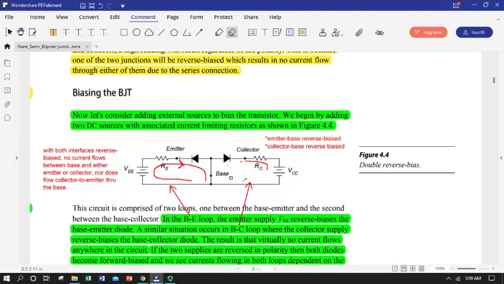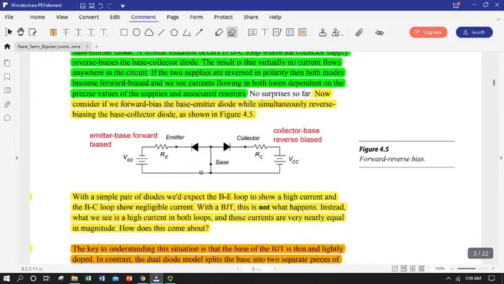Okay, so we have two possible circuit loops. We have two PN junctions, which from the point of view of our sources right now are reverse bias. So no current's going to flow anywhere, but maybe if we turn these sources around, it certainly could.